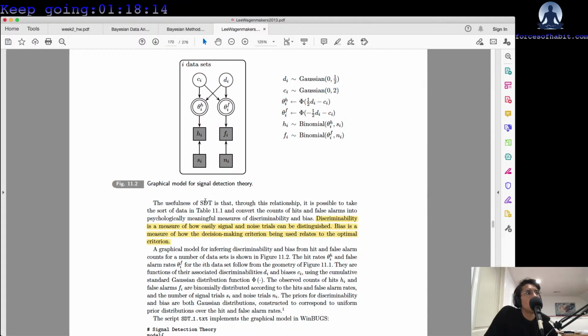So this model is useful in that it gives us psychologically meaningful parameters, and that's part of its value, part of its utility, and probably part of the argument one could make for using signal detection theory over some other approach for modeling task data that involves choosing between two options, is the interpretation of the parameters.